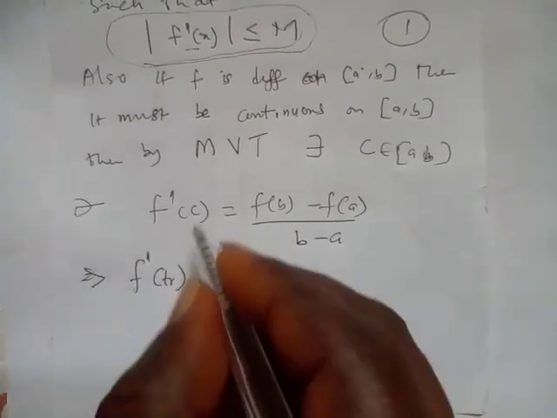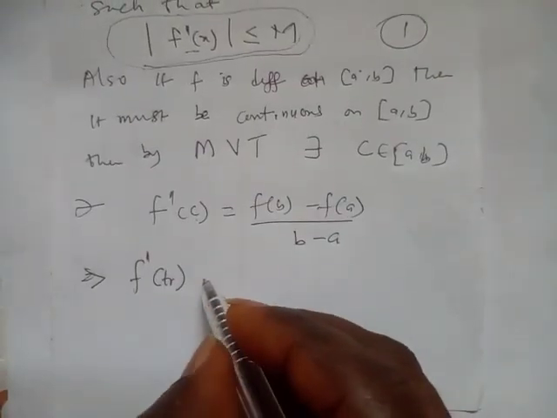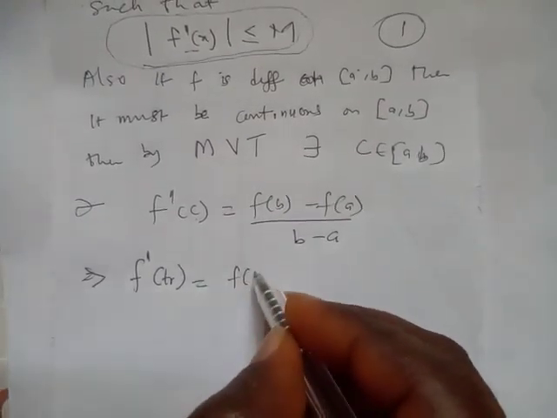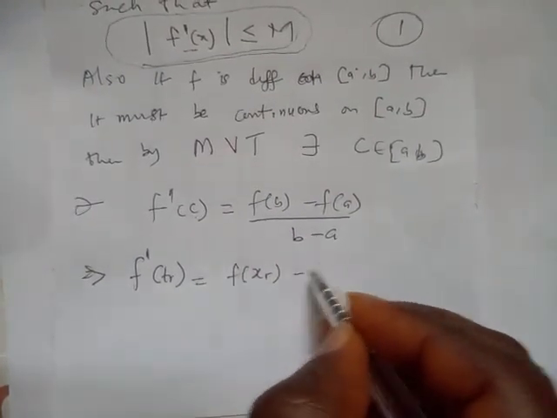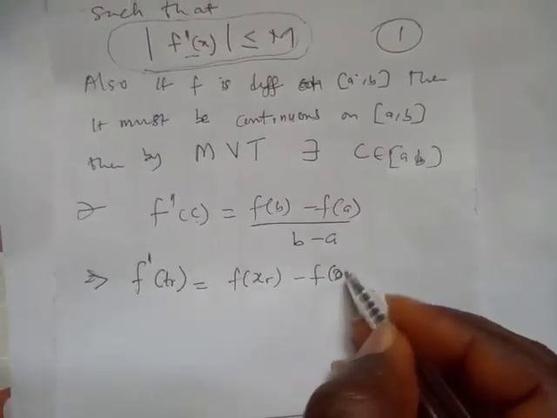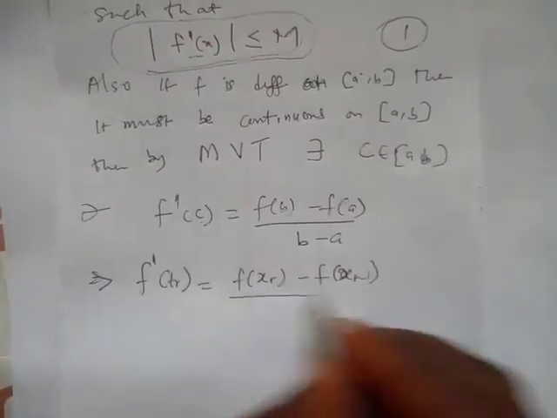Now let's write this thing like this. Instead of C, let us put TR there. Instead of B, let us put SR. Instead of A, let's put SR minus 1.